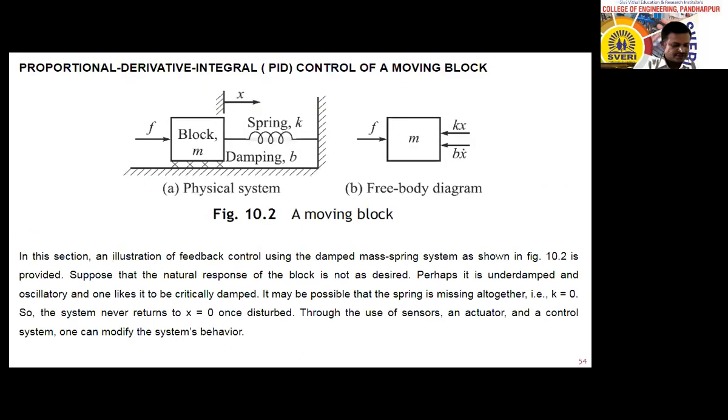Now we will see proportional, derivative and integral control of a moving block.